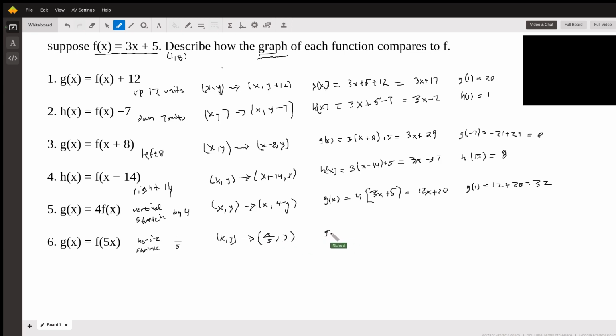So g of x is equal to, x is just replaced with x over 5. Sorry, f of 5x. So it's 3 times 5x plus 5.